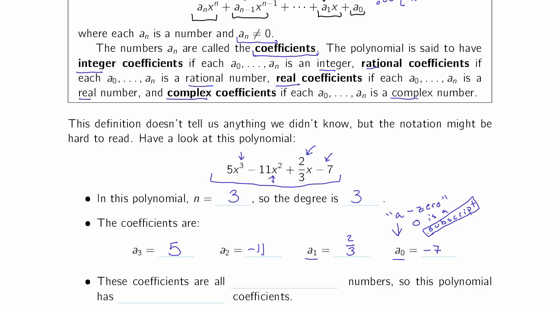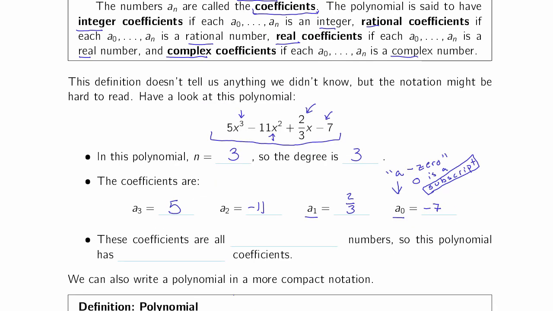In our example polynomial again, these coefficients are all rational numbers. Remember, a rational number is something that can be expressed as a fraction. They're all rational numbers, so this is a polynomial with rational coefficients.